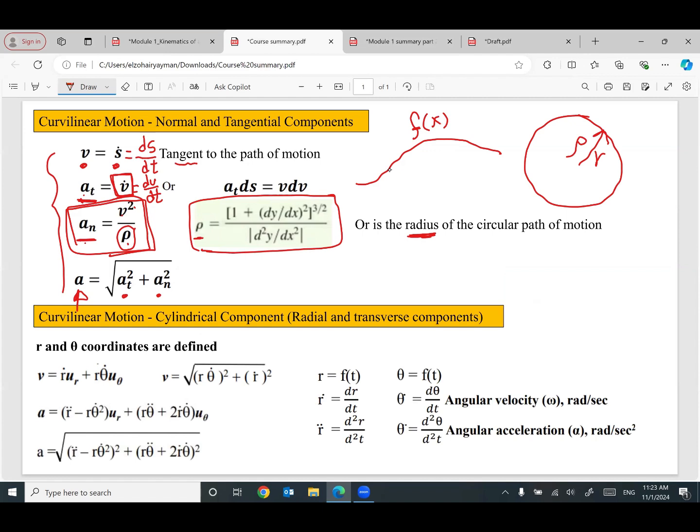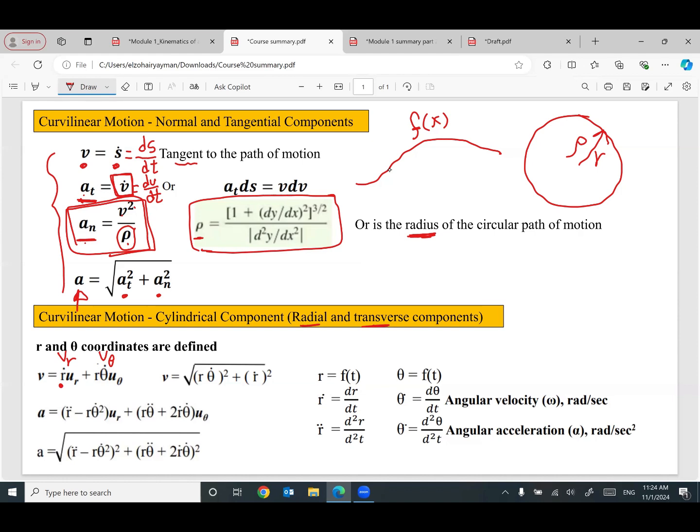If you go to the course summary, for the velocity we will have two components. The one is called VR, the second one is called V theta. VR is called the radial component, and the theta one the transverse component. So don't be confused. In the cylindrical component of the velocity and the acceleration, for the velocity we will have a radial component equal R dot.